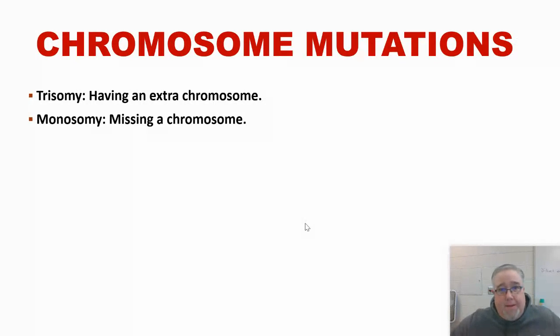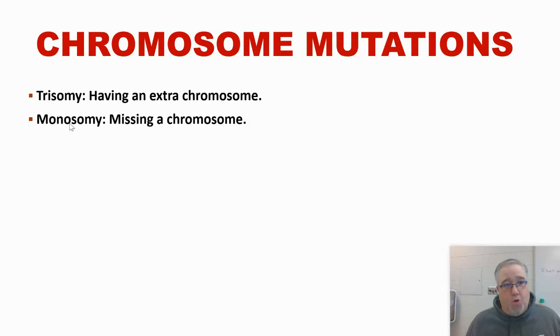Mutations are basically mistakes in the genetic material, the DNA, which is found on chromosomes, right, that make up an individual. So just to start off today, we'll get a lot more into genetic mutations after Christmas break, but I think these are easy to understand considering the topic that we're on.